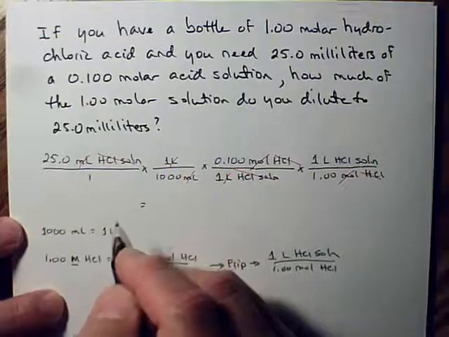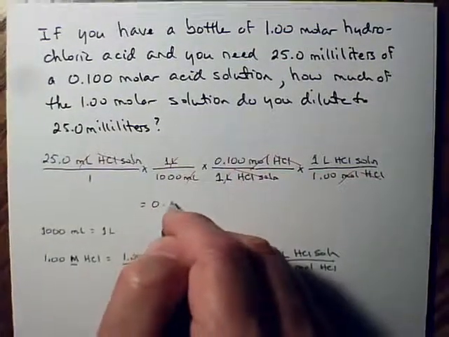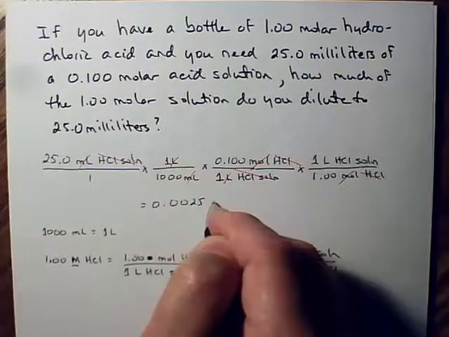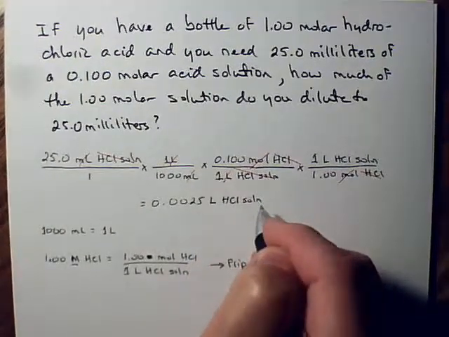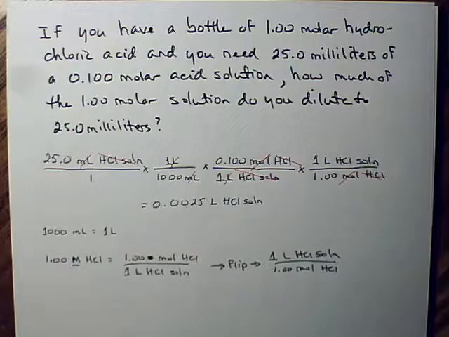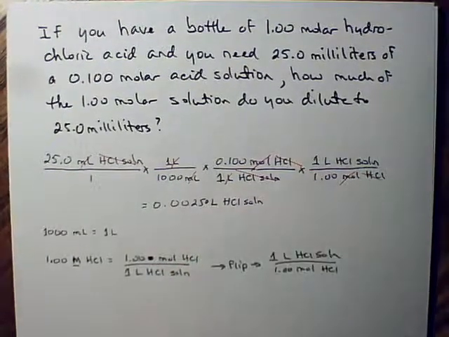So we just do the math now. So I get 0.0025 liters of HCl solution. Is that what you got? Oop, one thing missing. Nobody caught me yet. Sig figs. I have to have another 0 here. Need 3 significant digits.